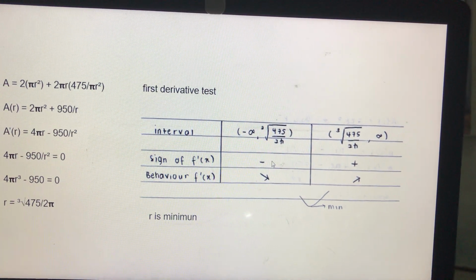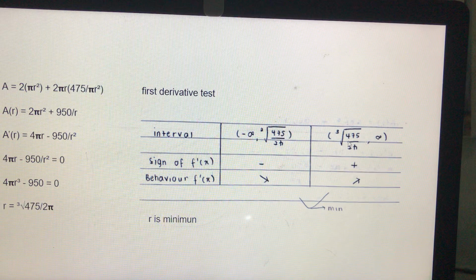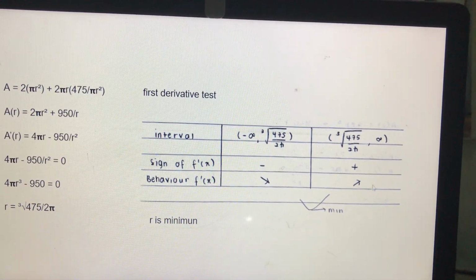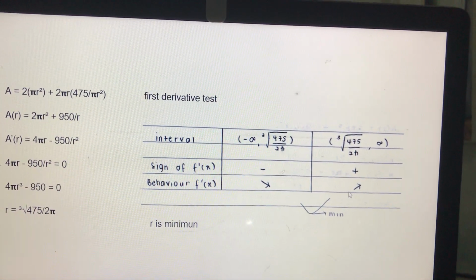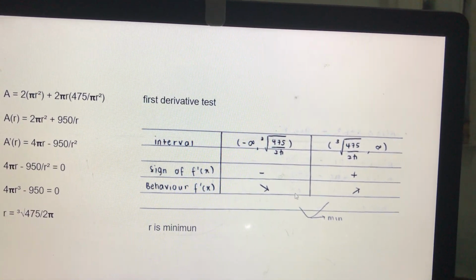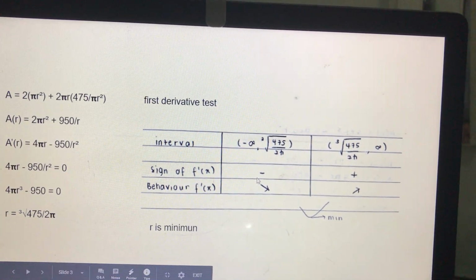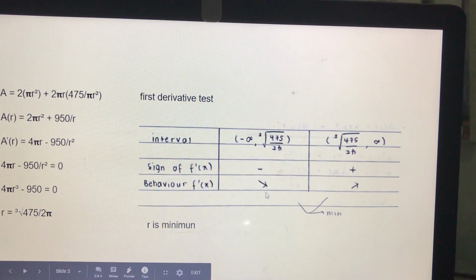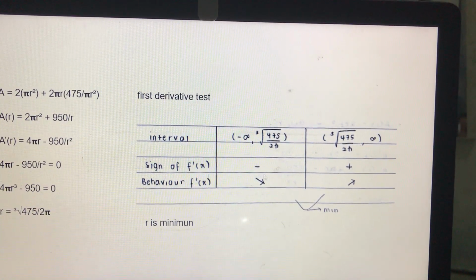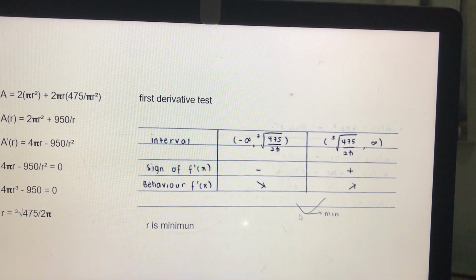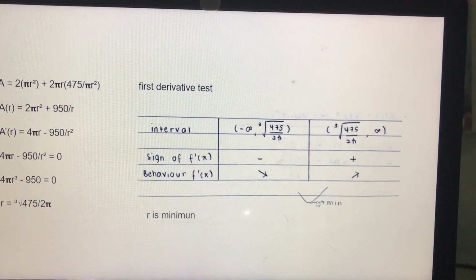After that, we have to find the behavior. If the sign is negative, it will be decreasing, and if the sign is positive, it will be increasing. So we can see that r is a minimum because it moved from negative to positive. So you can see here, r is at the minimum.